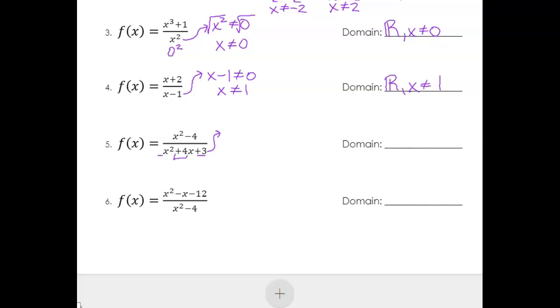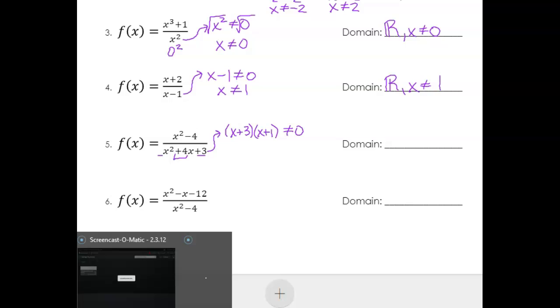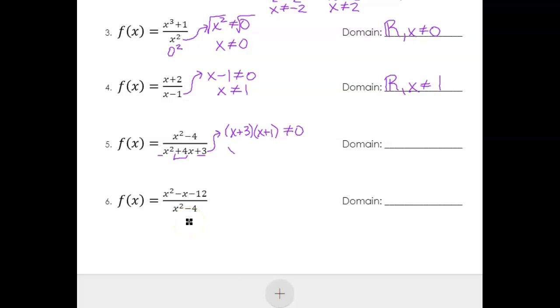Those numbers would be 3 and 1. So my factors are x plus 3 and x plus 1. That's my factored denominator. Now I don't want my denominator to be equal to 0, so I take each factor and set it not equal to 0.